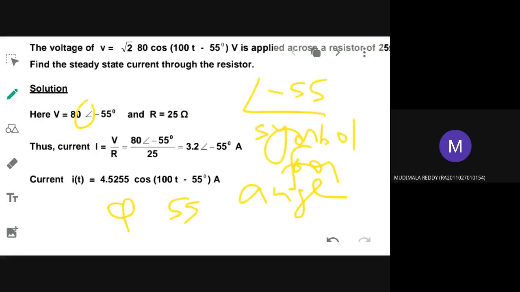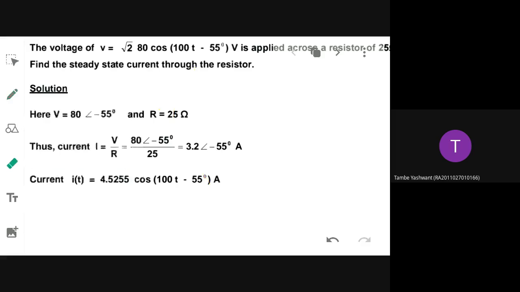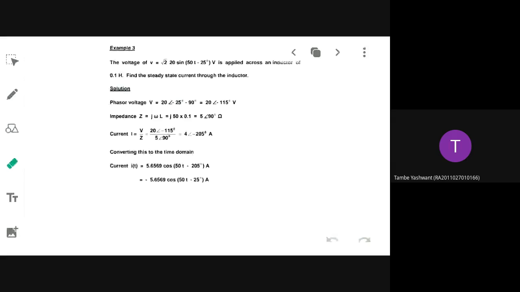Magnitude you will represent inside a modulus, like R into theta. R is the magnitude, theta is the angle. Nothing special about it. This is angle representation.